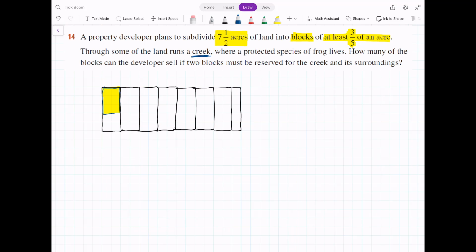So let's just say the 2 blocks that are being reserved are this block here and this block here. So I might just shade those in blue to represent the creek and its surrounds where the protected frog lives.